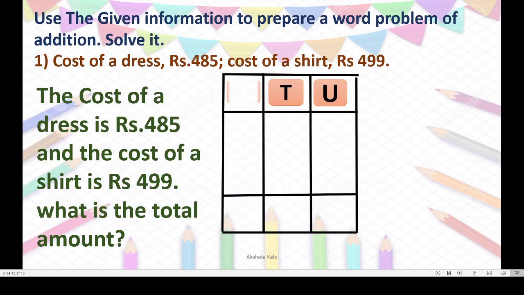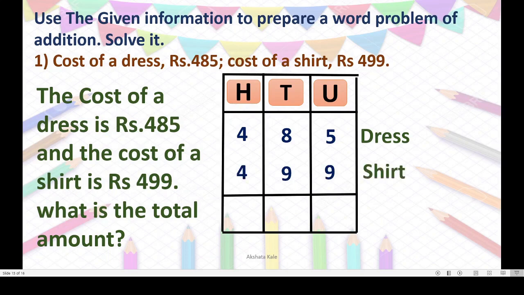Yes, you know this. I will write 485. This is cost of the dress, correct? Plus 499. Cost of the shirt, right? Now we are going to add these two numbers. 5 plus 9 in the unit place, that is 14, correct? 4 we will write here. 1 is carried over.